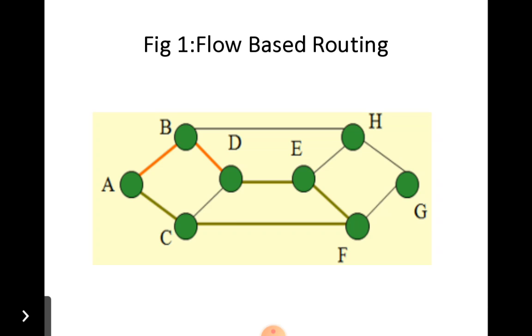The path we consider in flow-based routing is ACFED to send the packet from A to D instead of ABD. This is the procedure we follow in flow-based routing to route the packets.